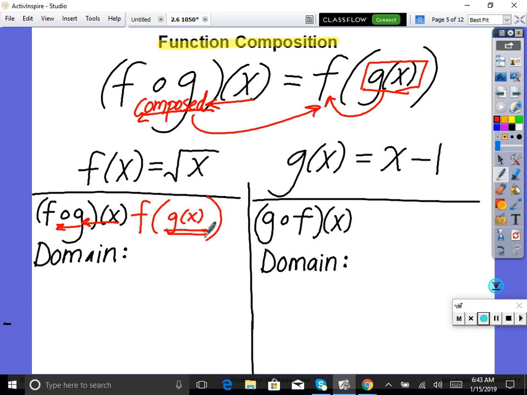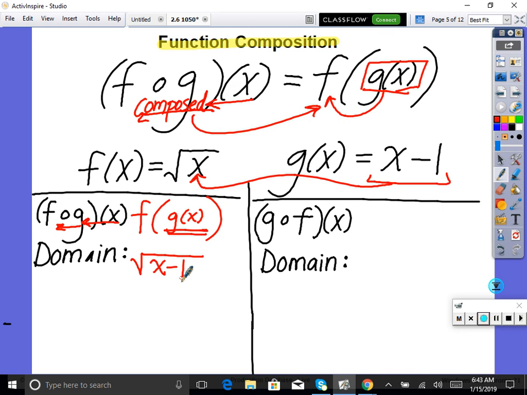So I'm going to find g of x. Isn't it x minus 1? We're going to plug it into function f wherever there's an x, replacing the x. So wouldn't that be the square root of x minus 1? Isn't that g plugged into function f? And that's as simplified as it gets, correct?